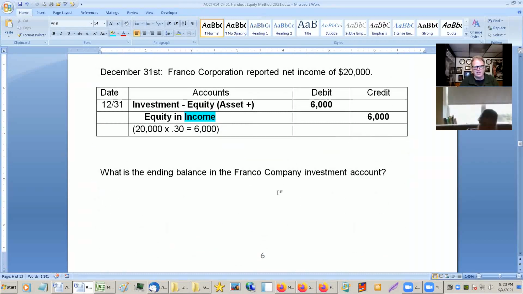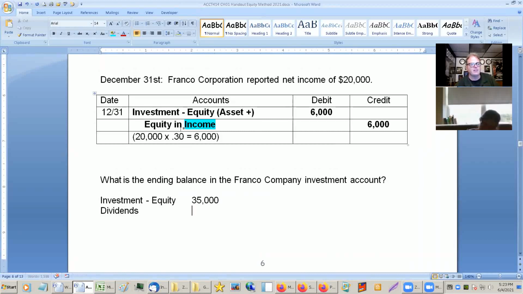I'm going to show you some key accounts. I'll just go right up. So the investment equity started out at 35,000. Okay, the dividends. Did they increase or decrease? The dividends, they increased.